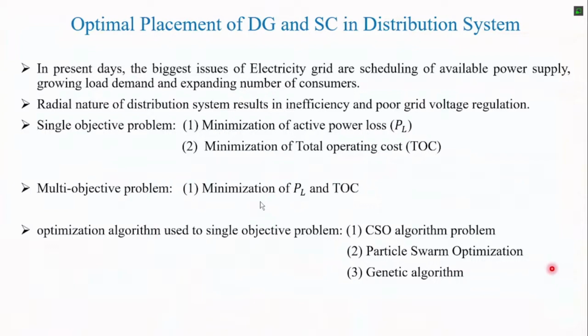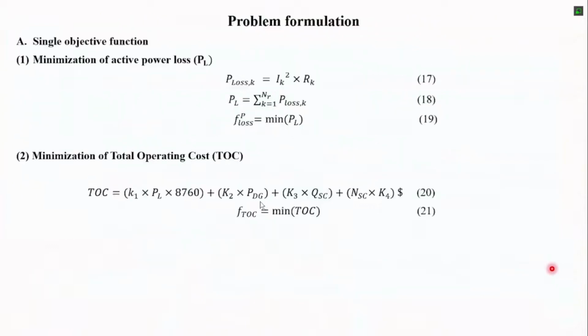We'll solve this one. Here is a simple power loss equation and the operating cost calculation formula. We have considered certain values for K1, K2, K3. These values are constant, but KL keeps on changing. QSC depends on how much injection is supposed to be there. PDG is again how much injection is supposed to be there.